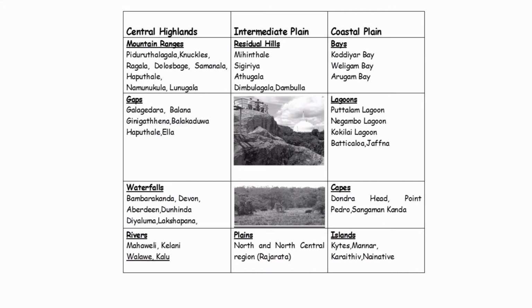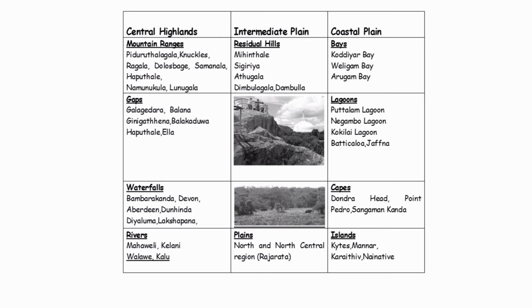Then lagoons: Puttalam Lagoon, Negombo Lagoon, Kokilai Lagoon and Batticaloa Lake. Capes or points, or we can say headlands: Dondra Head, Point Pedro, Sangamankanda Point are some examples for points in Sri Lanka.